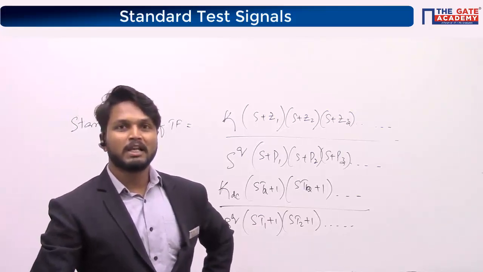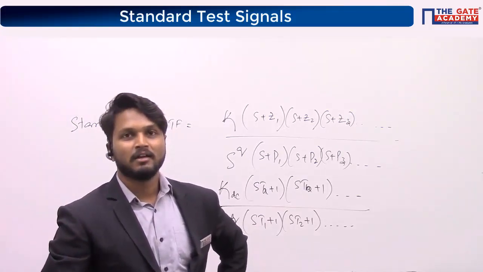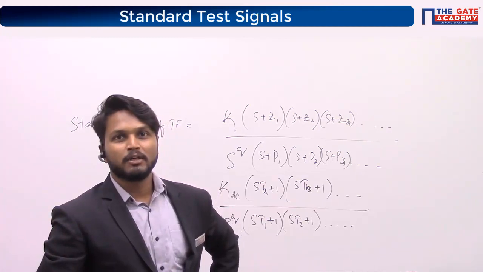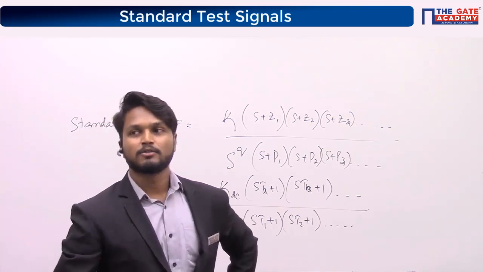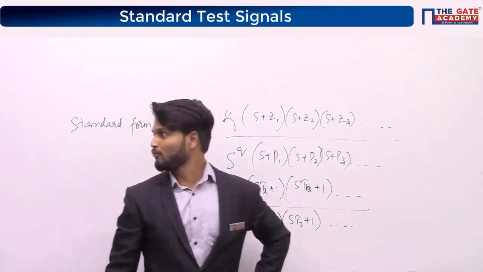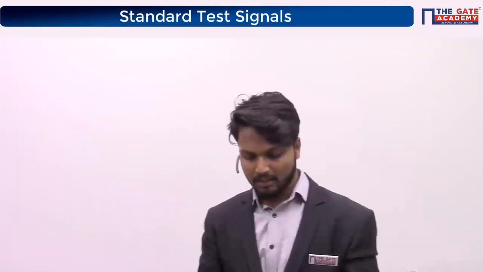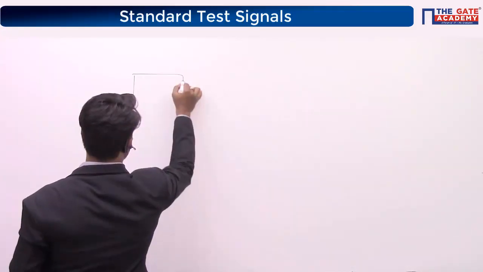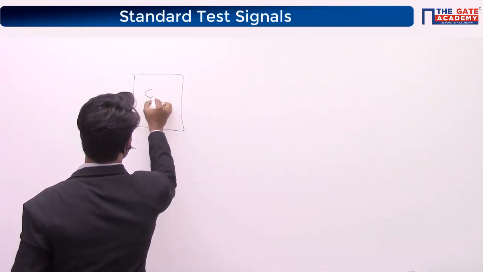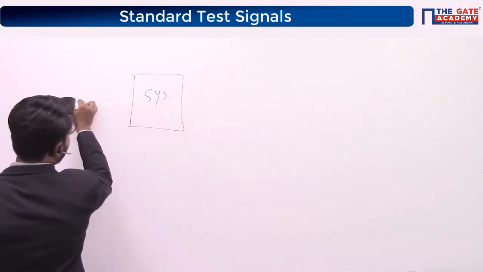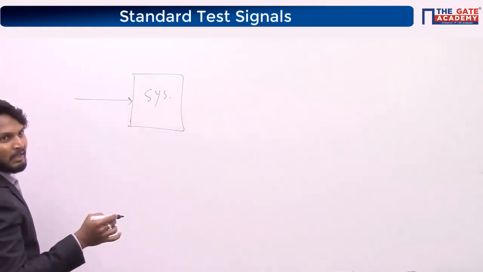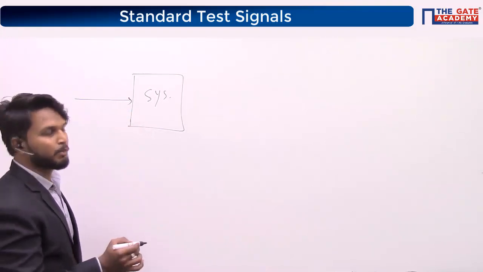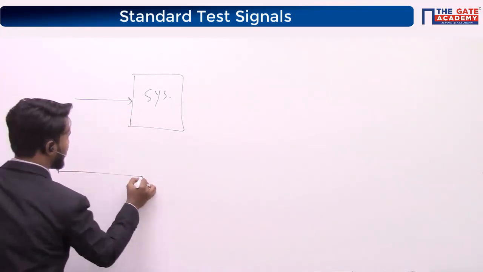What is the meaning of the last three lines? r(t) is equal to u(t), c(t) is equal to 1. So what does it mean? Indirectly, what is he going to say? This is your system, and to this particular system he has fed a unit step input, which means he has given a DC input.